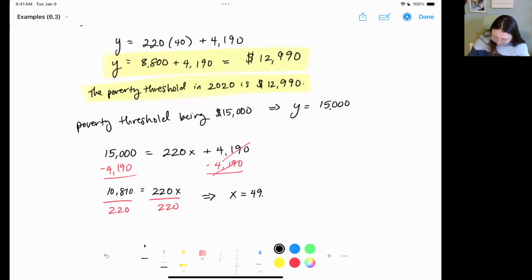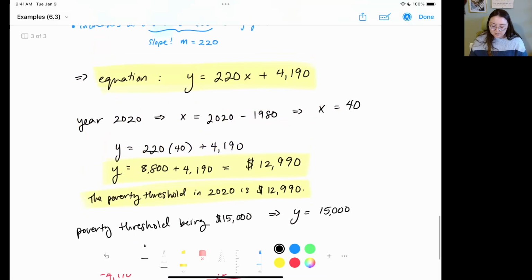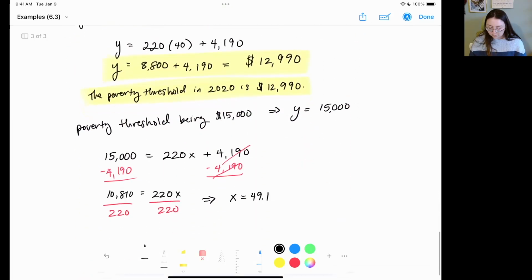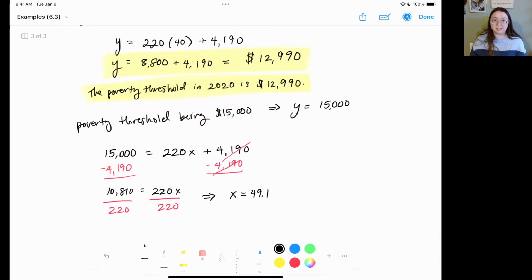There's only one decimal place. So if x is equal to 49.1, and the question being asked is when is it finally going to pass 15,000 per year, what is the year that's going to happen?